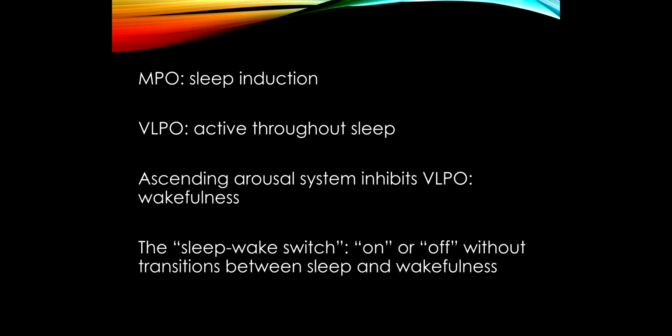Okay, so again, the ascending arousal system, when you're waking up, becomes relatively overactive and inhibits the ventrolateral preoptic area. So this is what happens when you wake up in the morning.